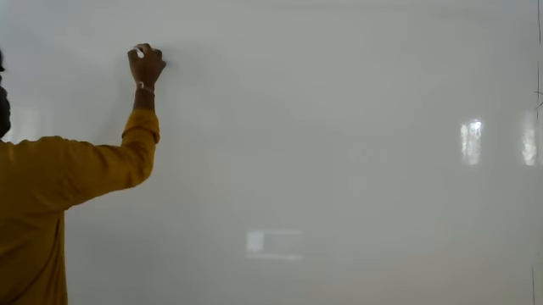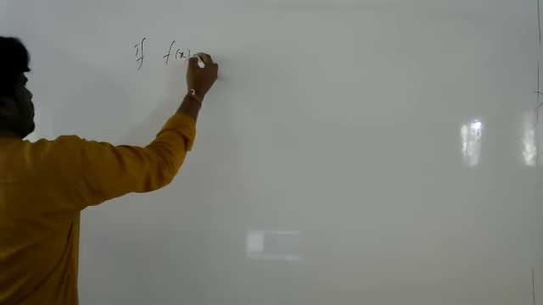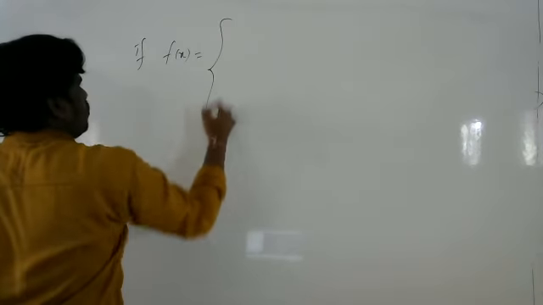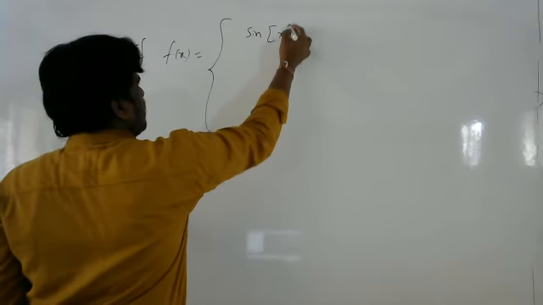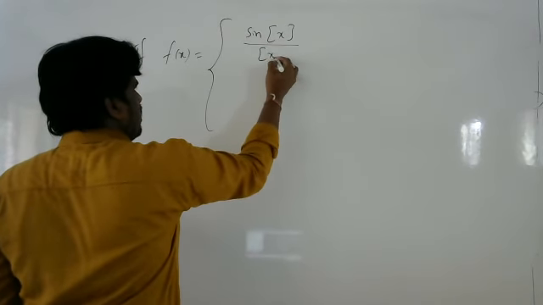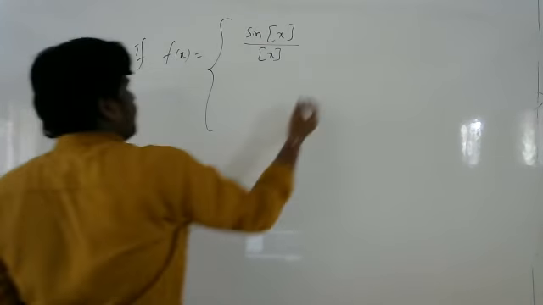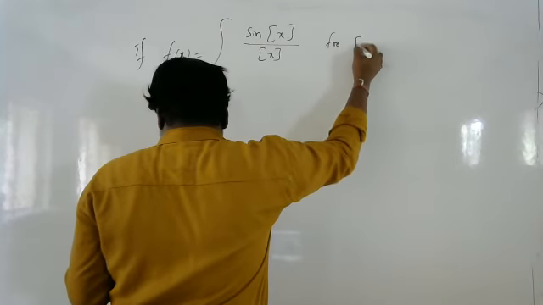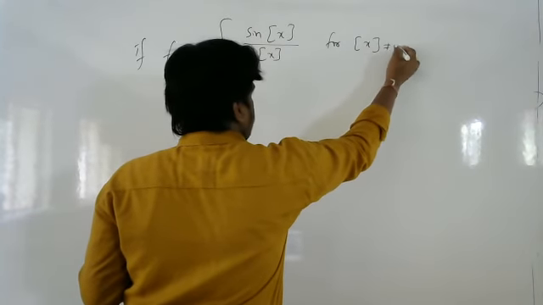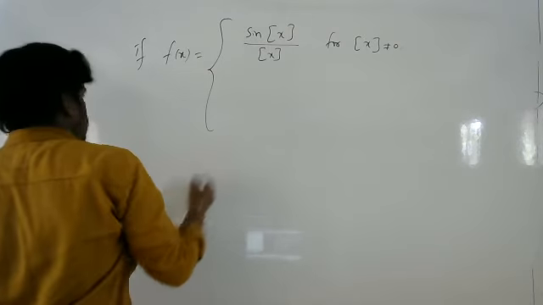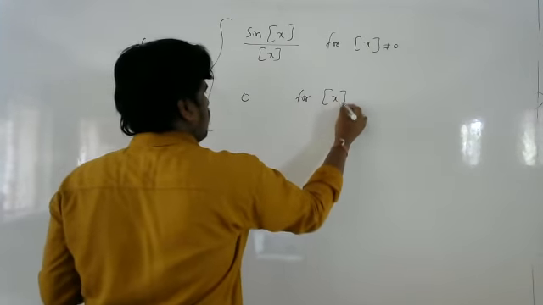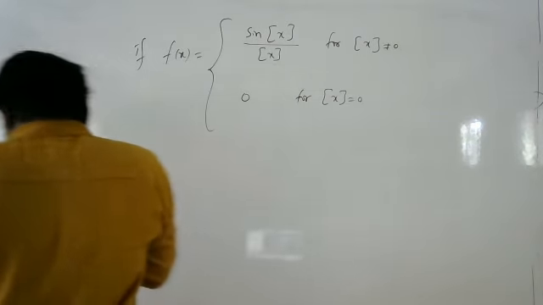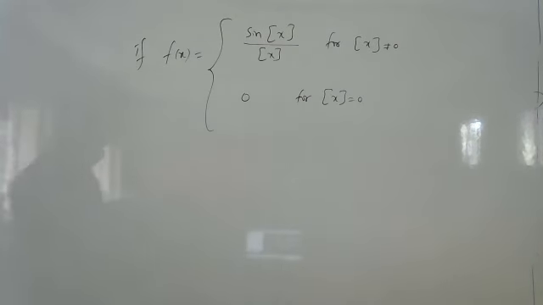Okay, look at this question, sir, this is also a good question. Limit f of x is equal to sin of greatest integer x divided by greatest integer x, for greatest integer x not equal to 0, and equal to 0 for greatest integer x equal to 0. This is the question.